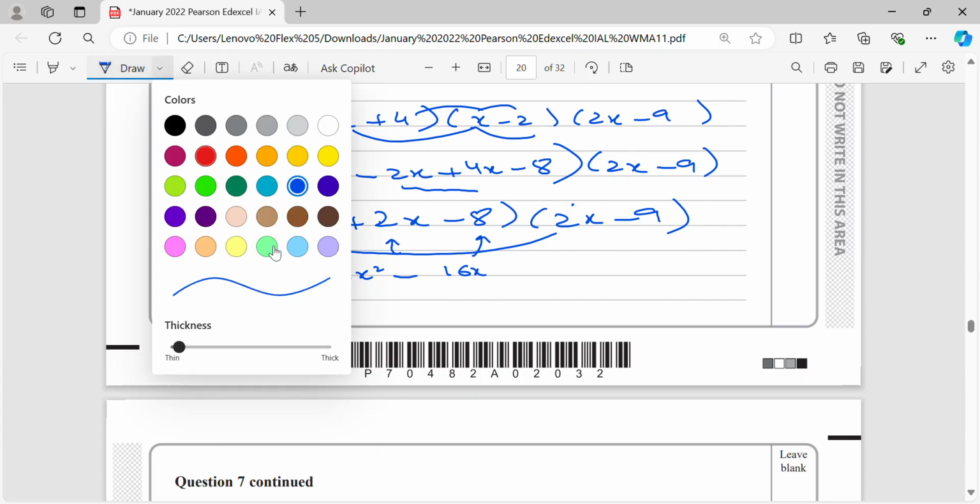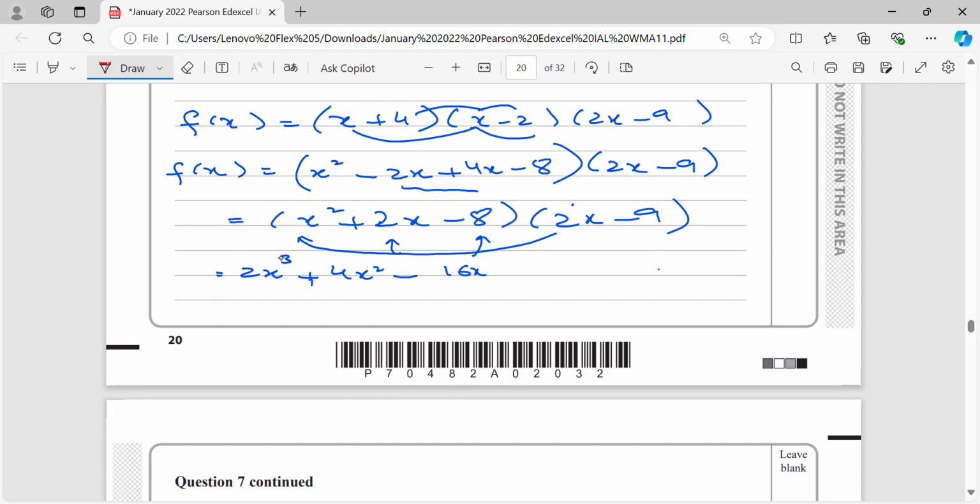Then minus 9 times x squared is negative 9x squared. Then negative 9 times 2x is negative 18x, and negative 9 times negative 8 is plus 72.